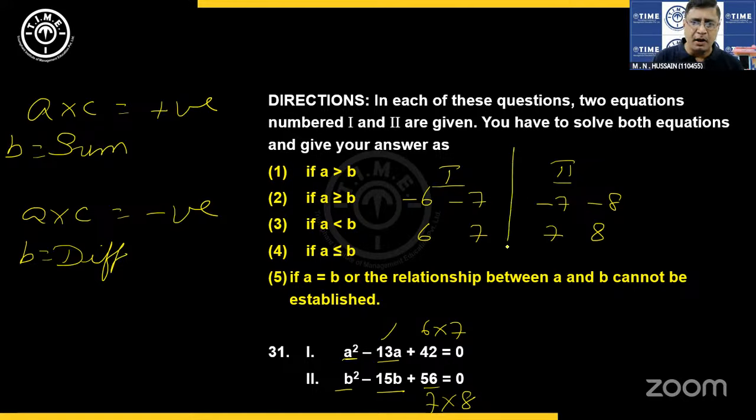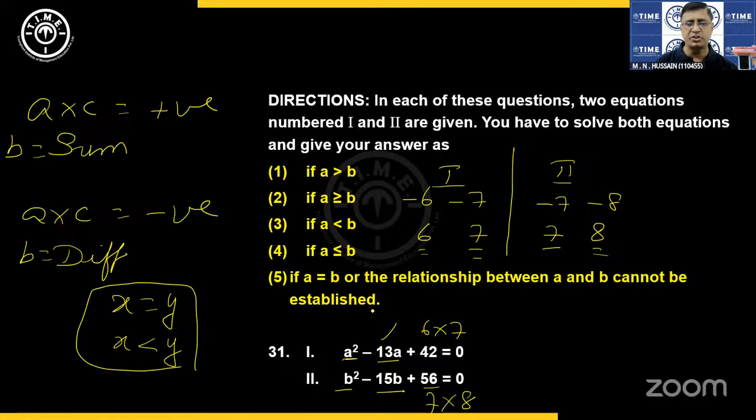Now let's compare how these are related. 7 and 7 are both equal, means x and y are equal. 7 is less than 8, means x is less than y. 6 is also less than 8. So what is the combination?